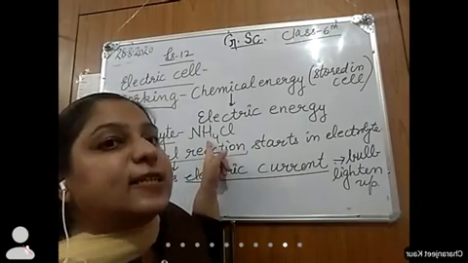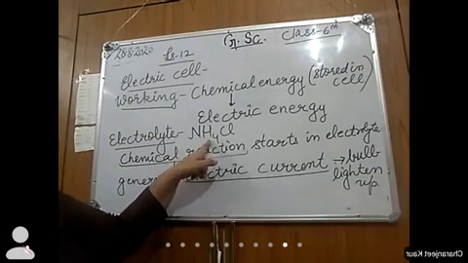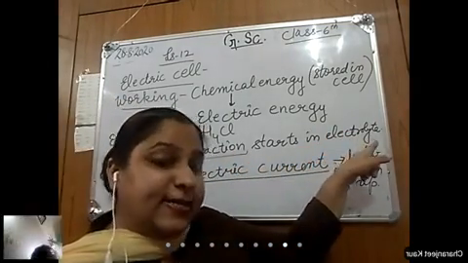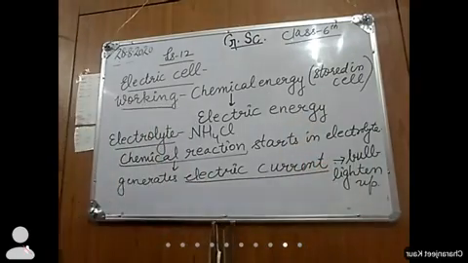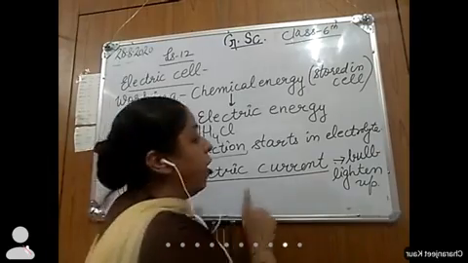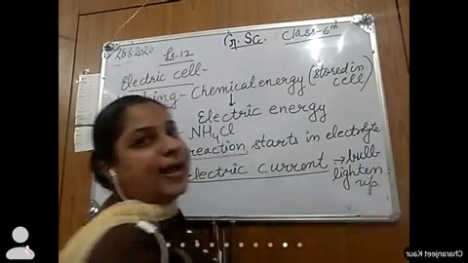The chemical reaction starts in the electrolyte and generates electric current. On generation of electric current, the bulb lights up.